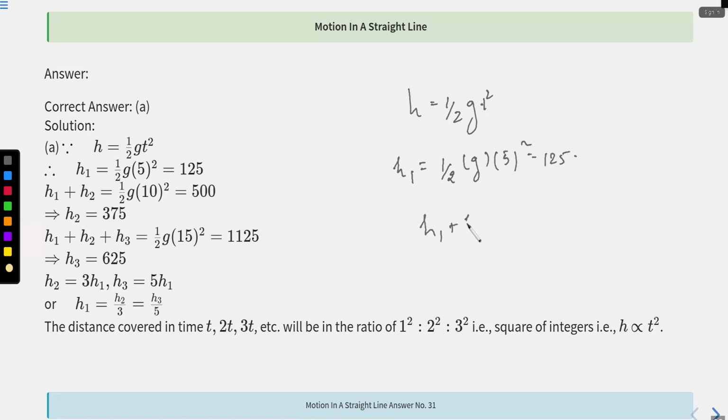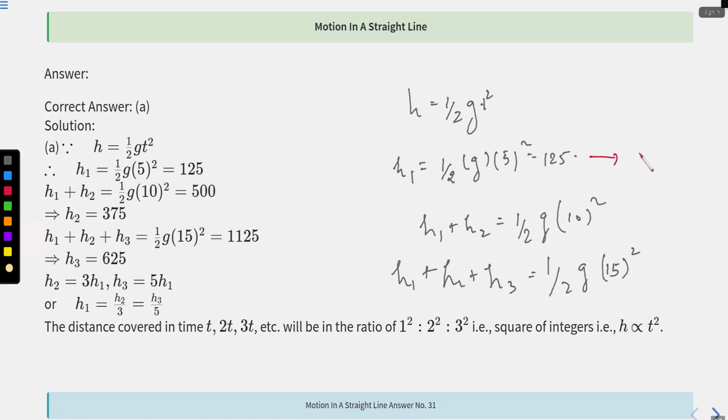The value of h1 plus h2 will be half g into 10 square, and h1 plus h2 plus h3 will be equal to half g into 15 square. This is equation 1, this is equation 2, and this is equation 3.